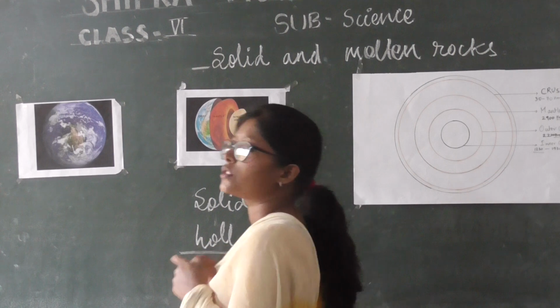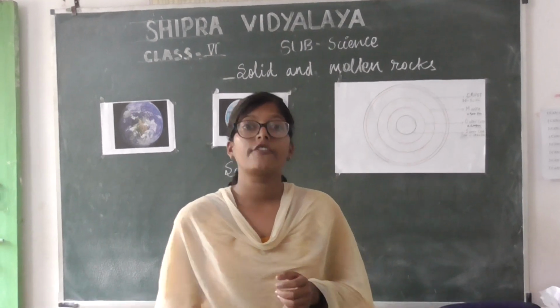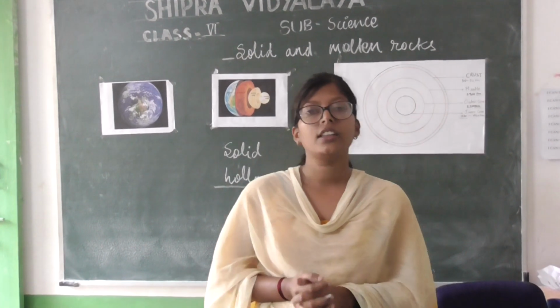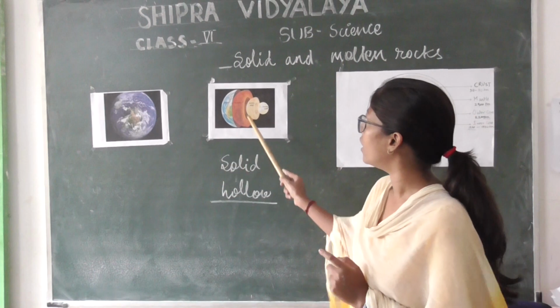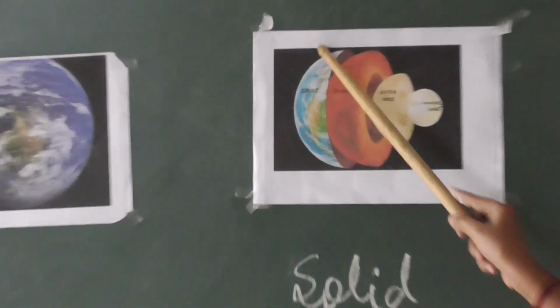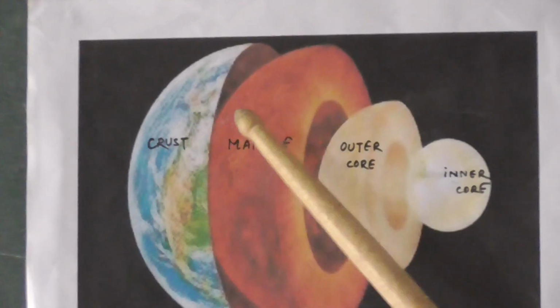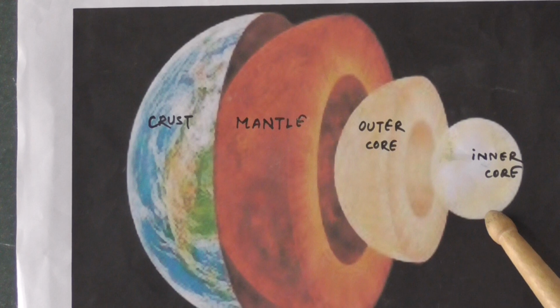Our earth is also made up of solid and molten rocks. If we cut the earth into two halves, we see the 4 layers of earth. Our outermost layer is crust, second is mantle, third is outer core, and last one is inner core.